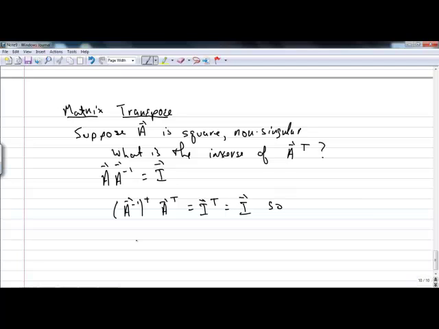So A inverse transpose is the inverse of A transpose. And we also see from this that inverting and transposing can be done in any order. Okay.